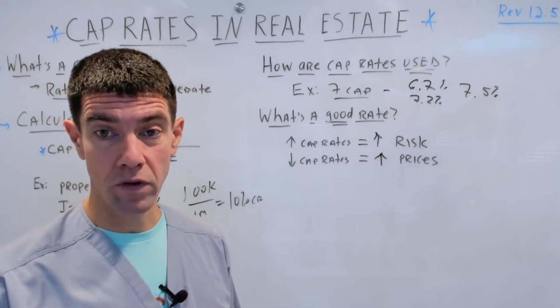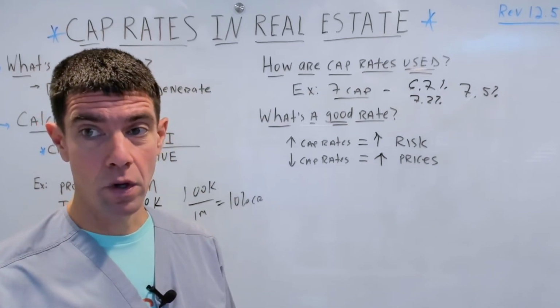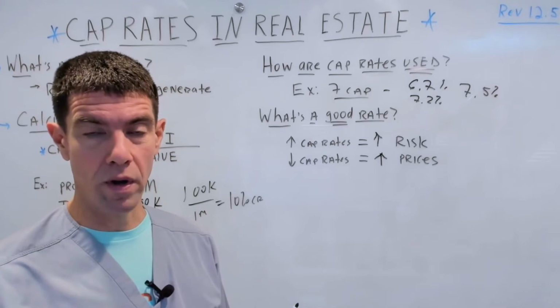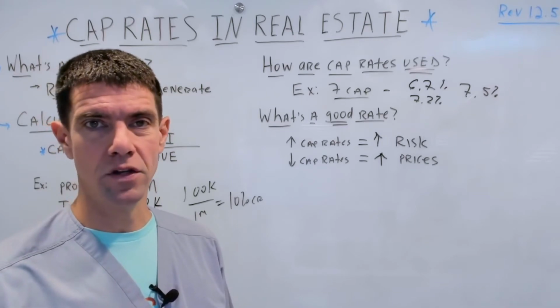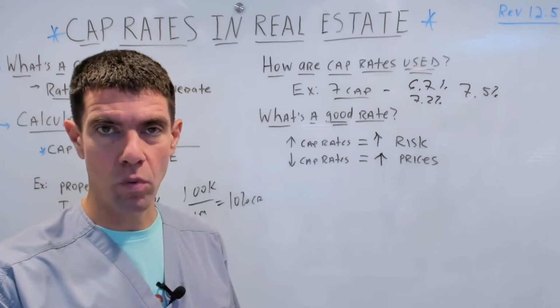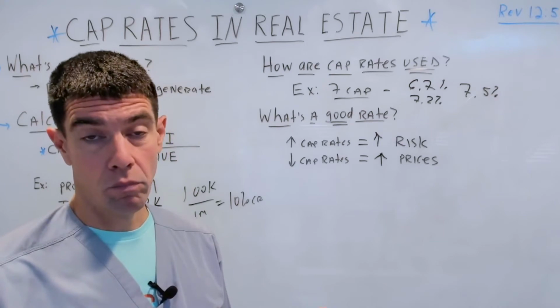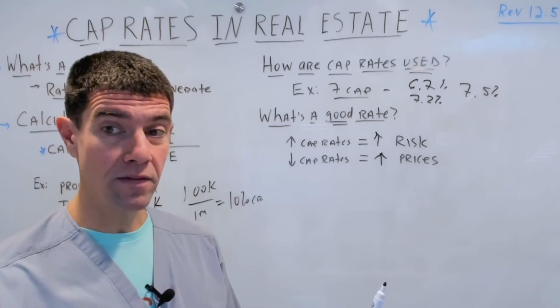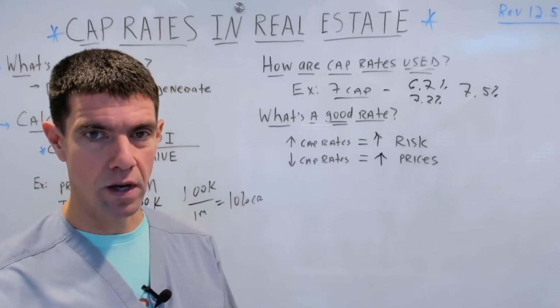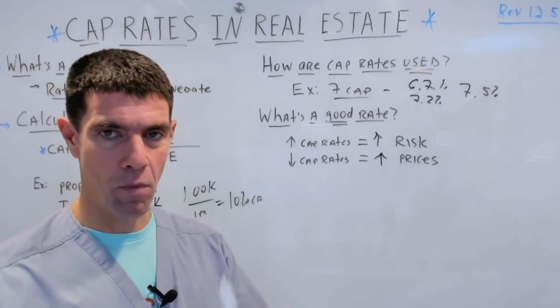That's why you often hear about cap rates getting compressed, or cap rates getting lower, in hot markets such as the San Francisco Bay Area. In these particular areas, everybody's wanting to go there, demand's high. Because there's so much demand, people are willing to pay higher prices in exchange for lower rates of return, thus driving the overall rates in that market down.